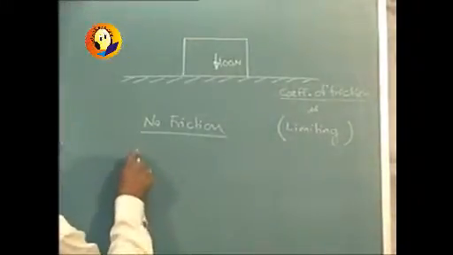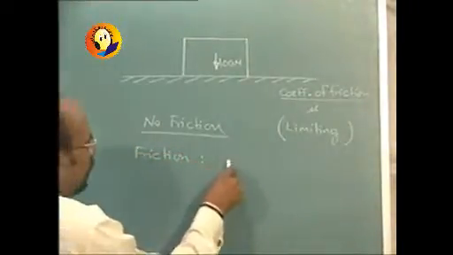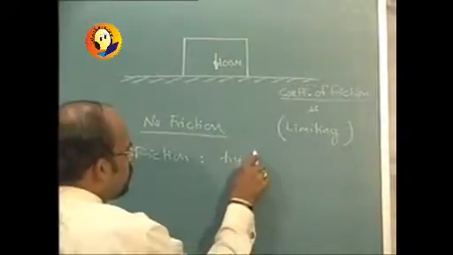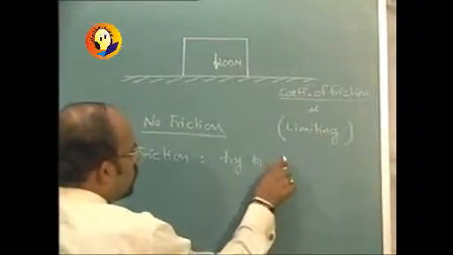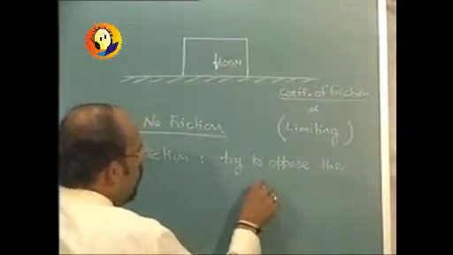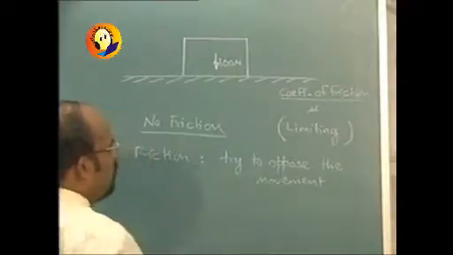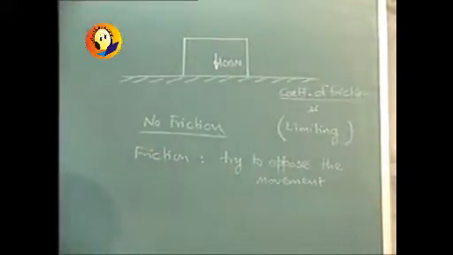So the friction will try to oppose the movement. Of course, it has a limitation that it cannot oppose the movement fully. Up to a limit it will be opposing it.